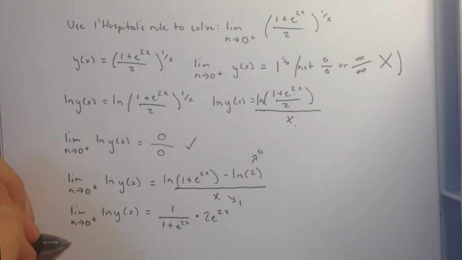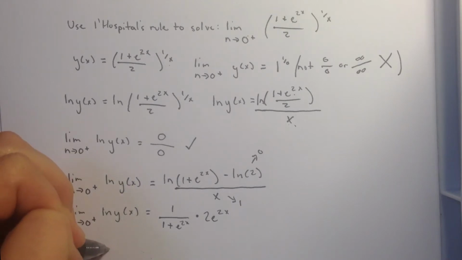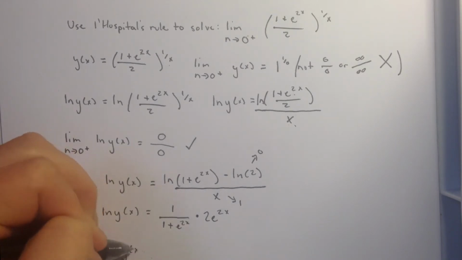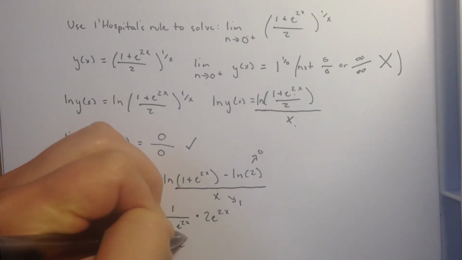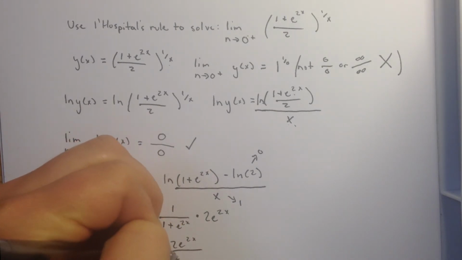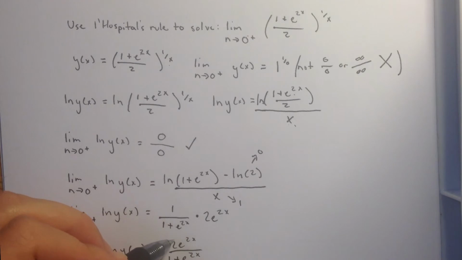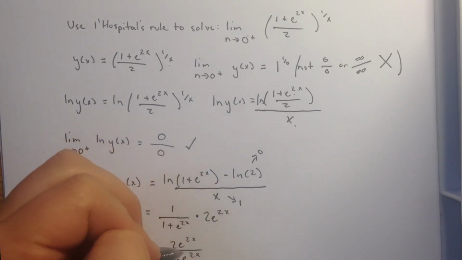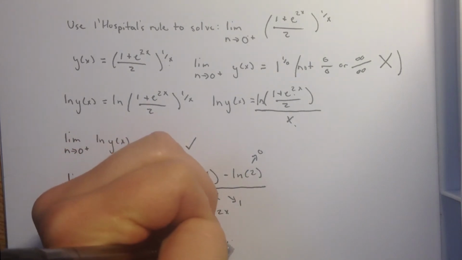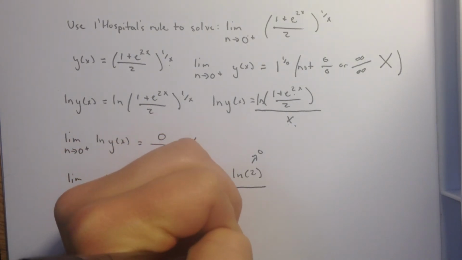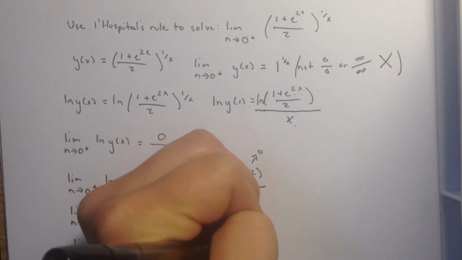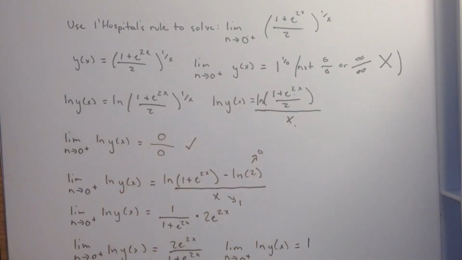And we can rewrite this as the limit as x approaches 0 from the positive side of ln of y of x equals 2e to the 2x over (1 plus e to the power of 2x). And if we plug zeros in here, we get e to the power of 0 is 1, and e to the power of 0 is 1 down here as well. So this would be 2 over 2, so the limit as x approaches 0 from the positive side of ln of y of x equals 1.